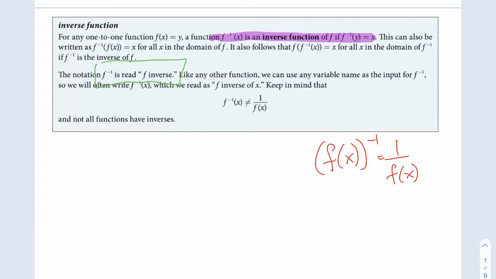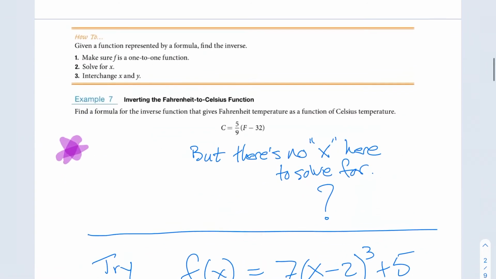It's not the negative 1 power, which would be a reciprocal. If you wanted to do that, the best way would be big parentheses and a negative 1 outside. But if the negative 1 is tucked in between the f and the parentheses x, that is always an inverse function.